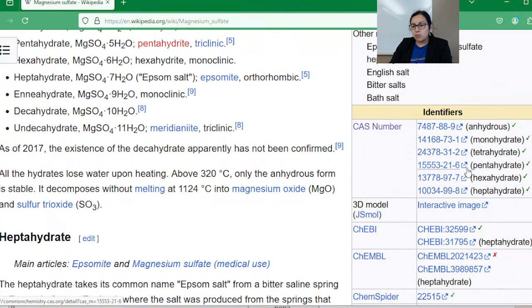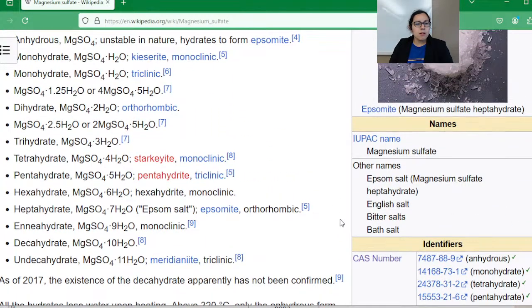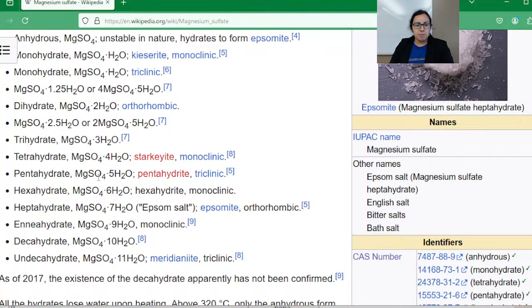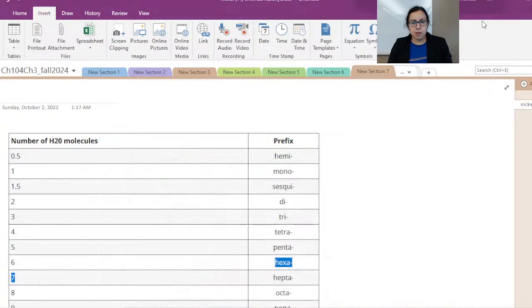And so again, you can just appreciate that you can also get different ratios of water complexing, right? So these are all considered different little complexes in some ways, right? We have the anhydrous form of magnesium sulfate, monohydrate, dihydrate, et cetera, et cetera. So again, just kind of cool to appreciate what's going on. All right.